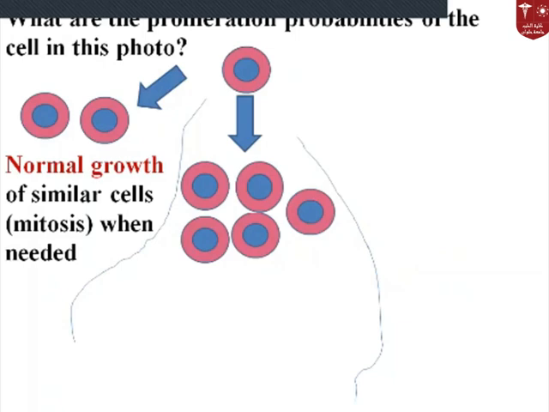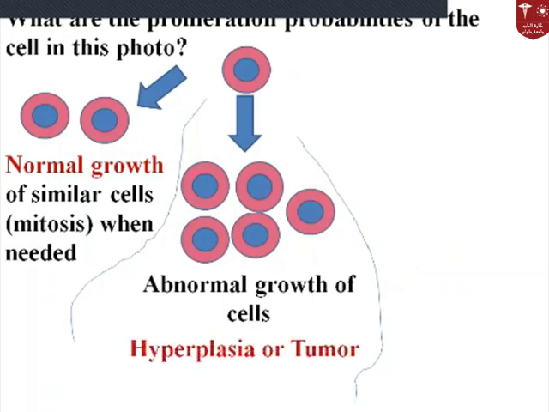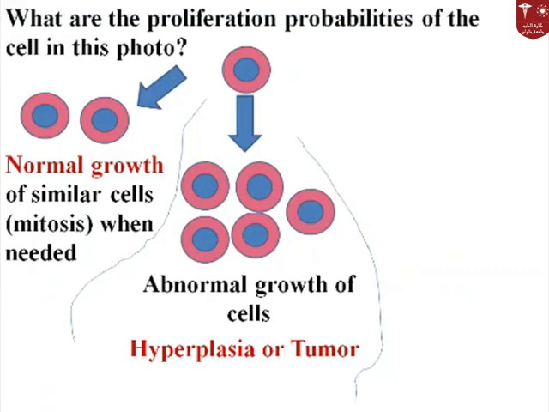But there is another option. Another option is called hyperplasia. Hyper means increased. Plasia means growth. Increased growth. By hyperplasia, we mean increased number of cells. So we have two disease categories or two pathologies in which cells increase in number but maintain some similarity to the original cell. One is called tumor and the other is called hyperplasia.